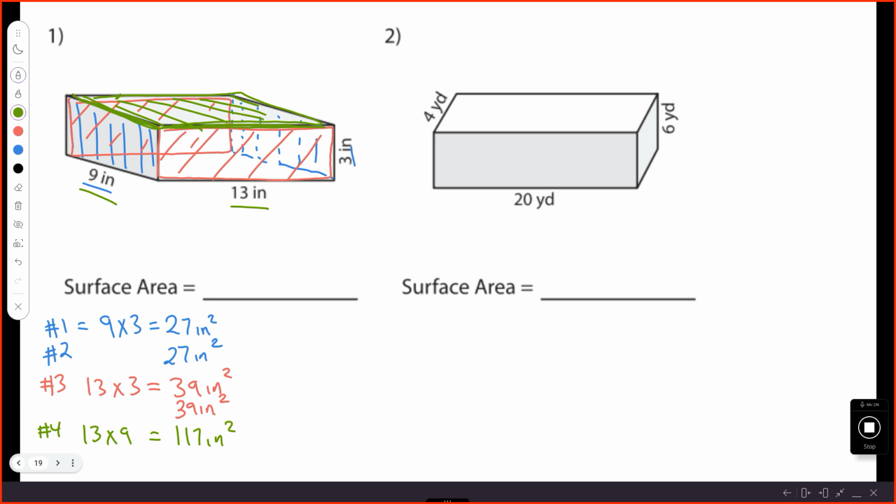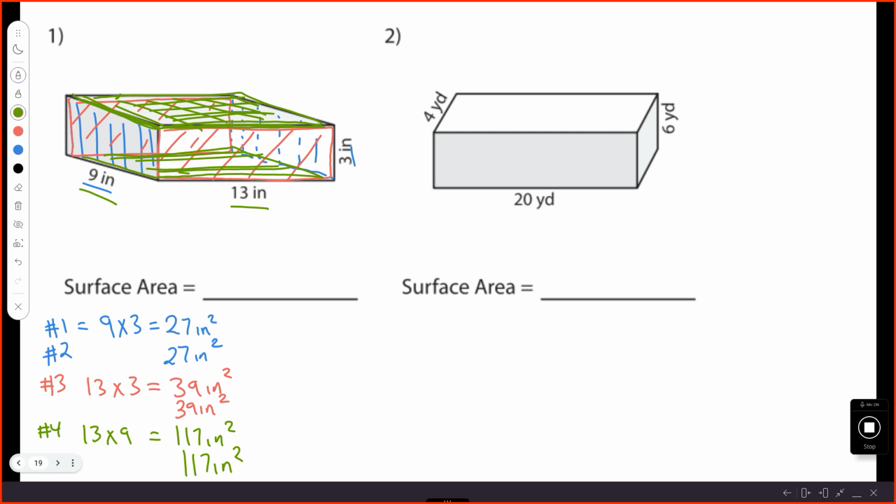And we know if this top is 117, then this bottom must also be 117 inches squared. So with a rectangular prism, it makes life a little bit easier because we only have to find 3 faces and then double that up.